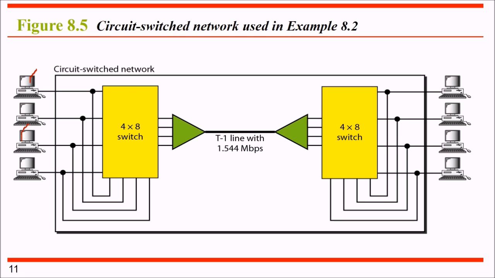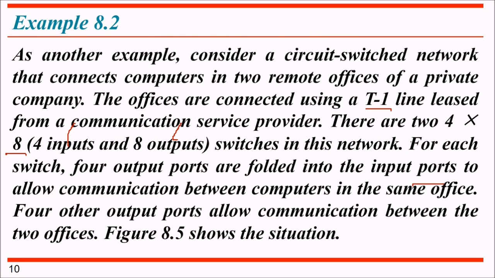In this, we have 4 systems here, 4 systems here. So this is a 4 into 8 switch. And what it means is it employs the T1 line of, say, 1.544 megabit per second. And these are 4 lines and 4 into 8 switches, which means there are 4 inputs and 8 outputs in the network.